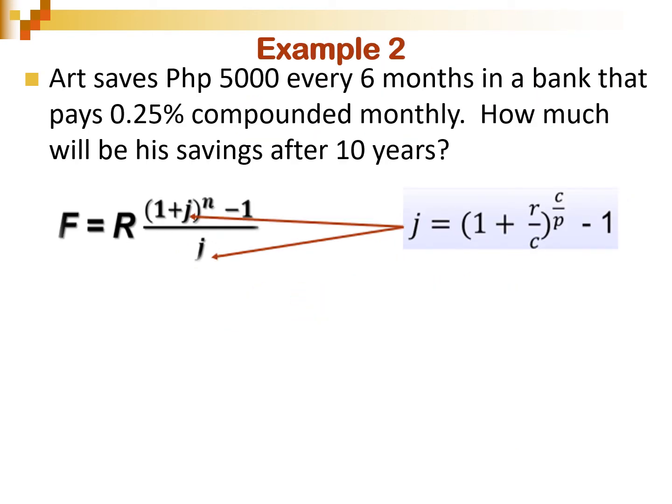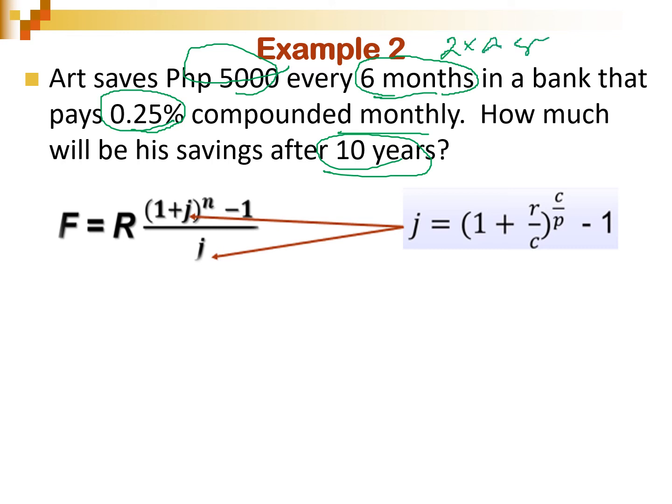Example number 2, Art saves 5,000 pesos every 6 months in a bank that pays 0.25% compounded monthly. How much will be his savings after 10 years? So again, this problem is about general annuity because the payment interval is every 6 months, which means twice a year, or semi-annually.